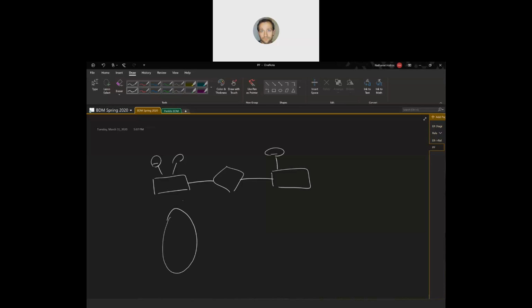This entity, A, is representative of some set of tuples, or you can think of them as rows. And likewise, B, you can also think of as a set of tuples.